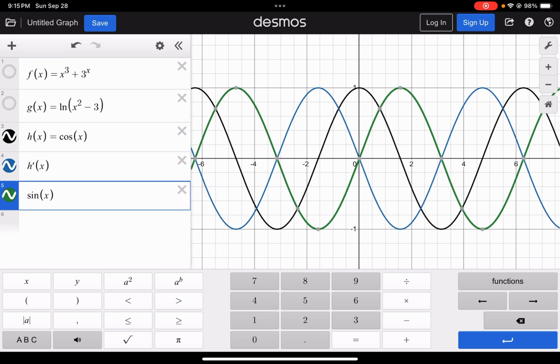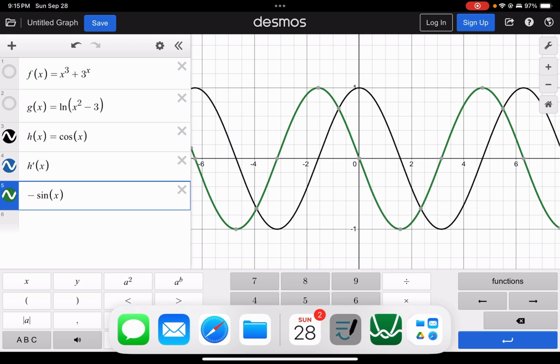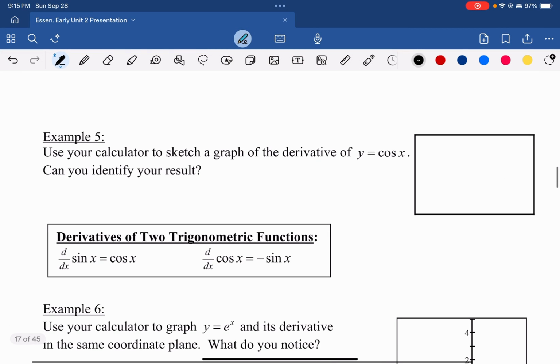My blue derivative of cosine of x doesn't match sine of x, so I'm going to play with it. Oh, if I make it negative sine of x, it matches. So the derivative of cosine of x is negative sine x. So y prime is equal to negative sine x.